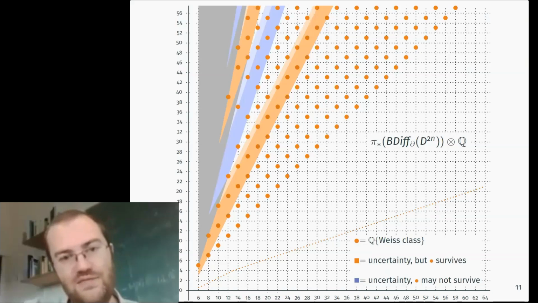And then there's this sort of spectral pattern, these bands. In the bands, that means we don't quite know what's going on. But there are 2 kinds of not knowing what's going on. There's the orange and the blue kind. The orange kind is, there may be other stuff there, but the orange dot is also definitely there.